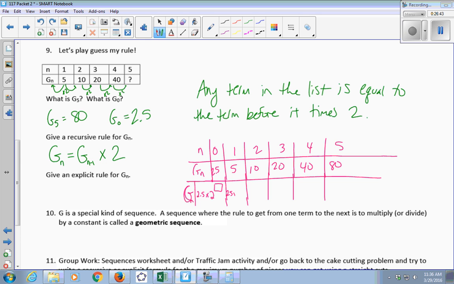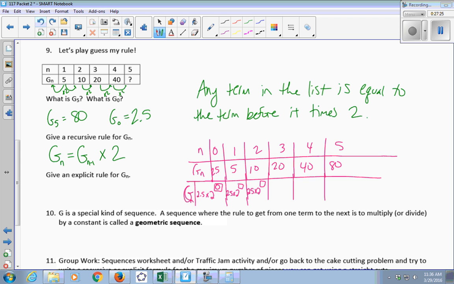So 2.5 times 2 to some power, 2.5 doubled a bunch of times. How many times do we double it, right? My first number in the list is 2.5. How many times do you want to double 2.5 to get 2.5? 0. Yeah, we don't double it at all, right? Because 2.5 is the 0th number in the list.